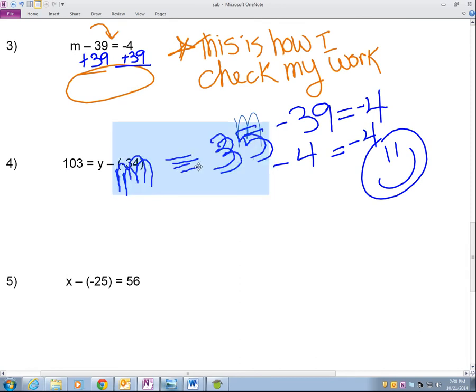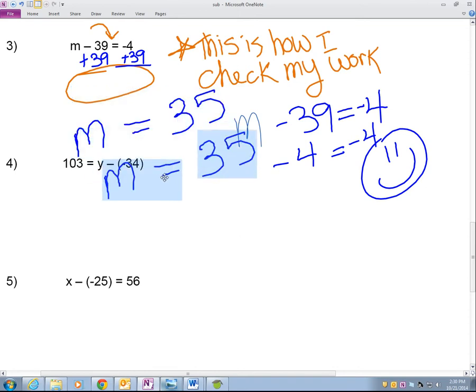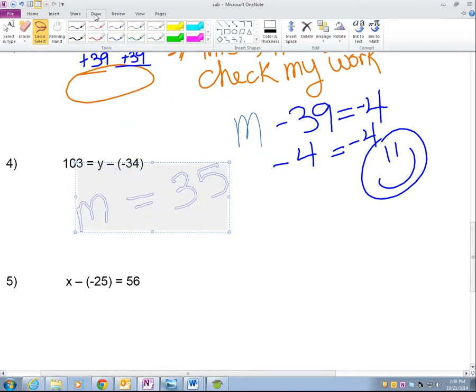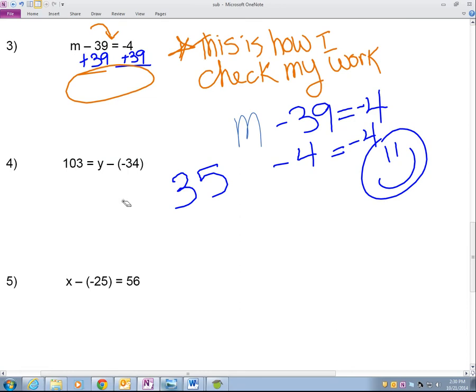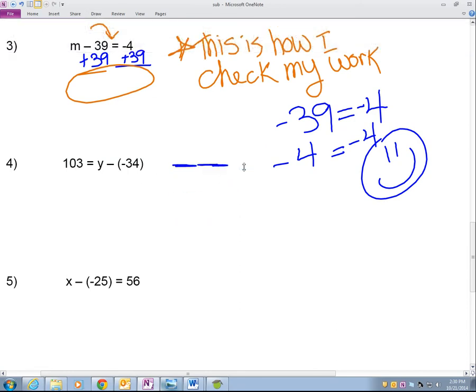Do you agree? Okay, so I'm going to take m as 35 and replace the m with 35. Okay. 35 minus 39 equals negative 4. Negative 4 equals negative 4.